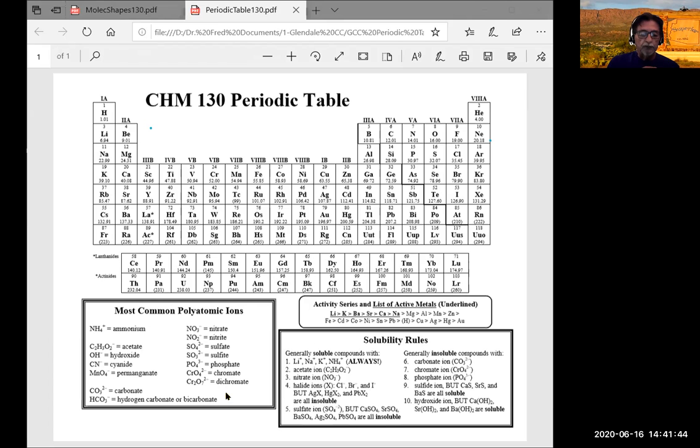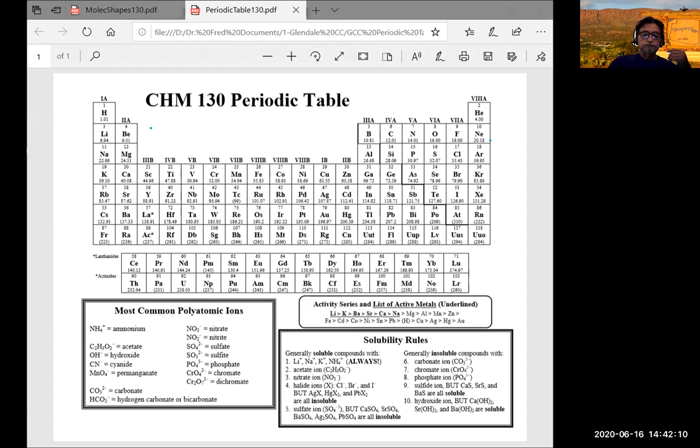And then we have other ones, acetate, hydroxide, cyanide, and so on and so forth. So there's no need to memorize them. They're sitting there for you. Thing to remember is when you need to use them, because they're polyatomic ions, if we need to use more than one, we have to put parentheses around the whole unit and then put a subscript to add numbers more than one. We don't separate them.